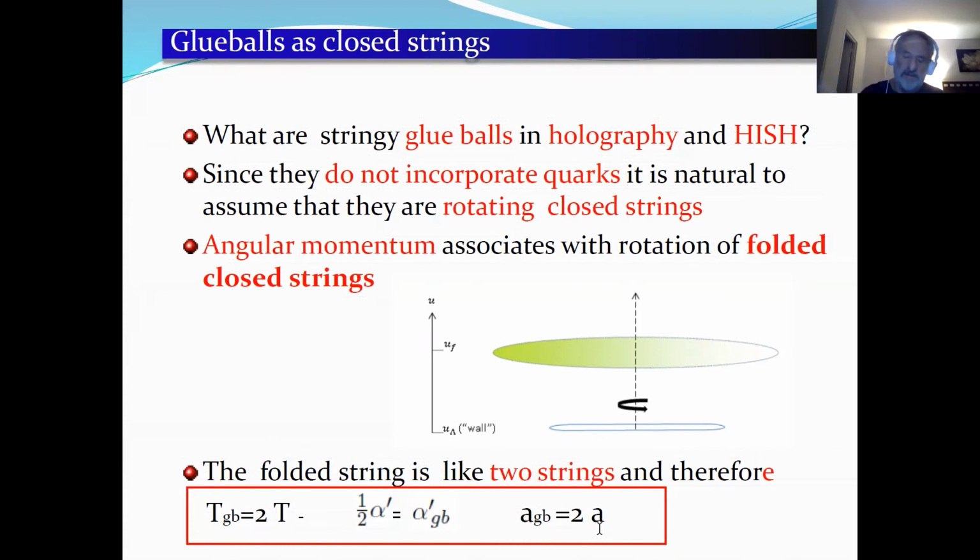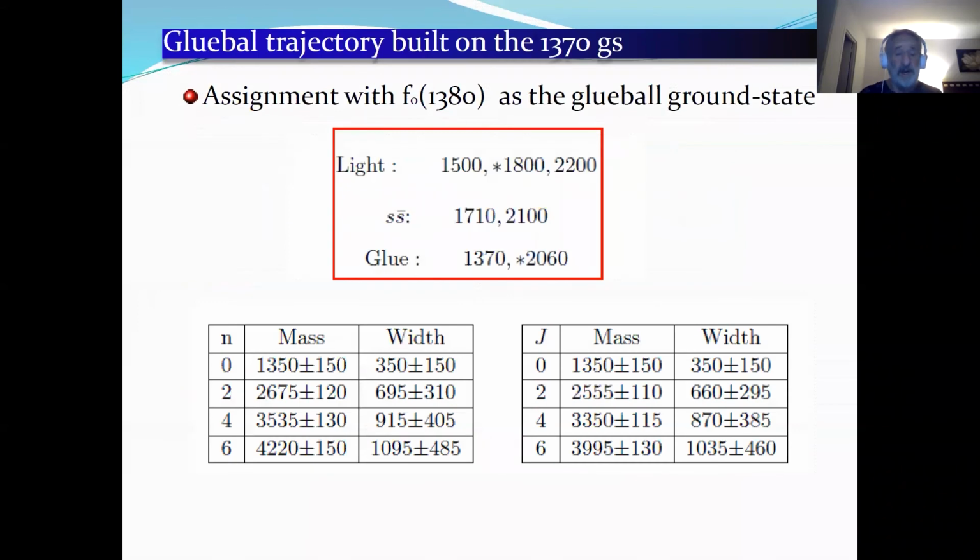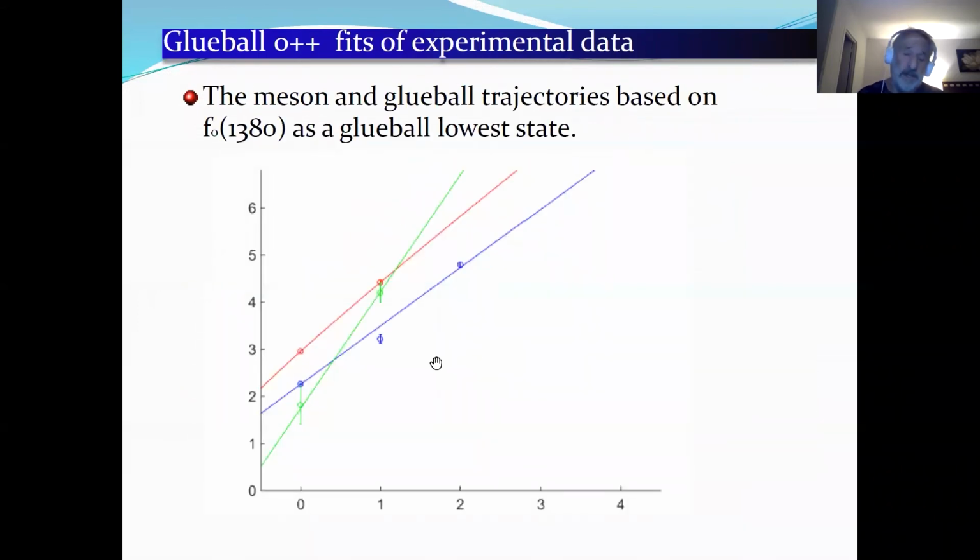So this is what distinguishes between a trajectory of mesons and globals. These quantities: the slope is half and the intercept is twice for the globals. Now, what we did, we went over all the flavorless hadrons, the 0++ and the 2++, also 4++, and we tried to put them on the trajectories.